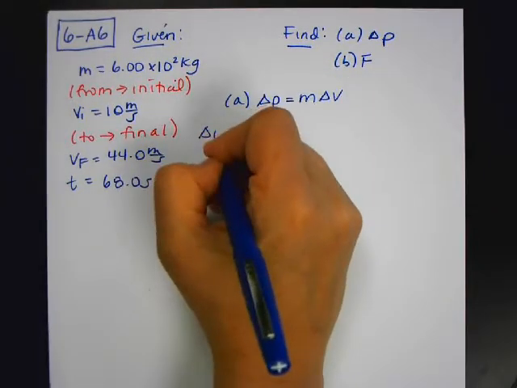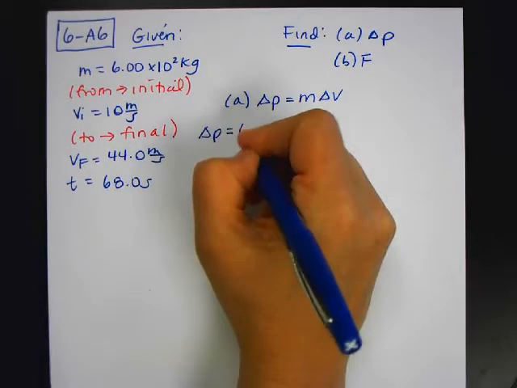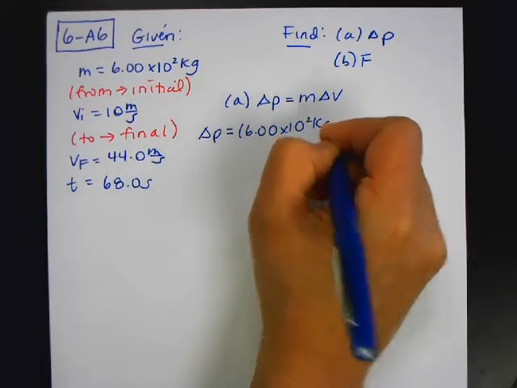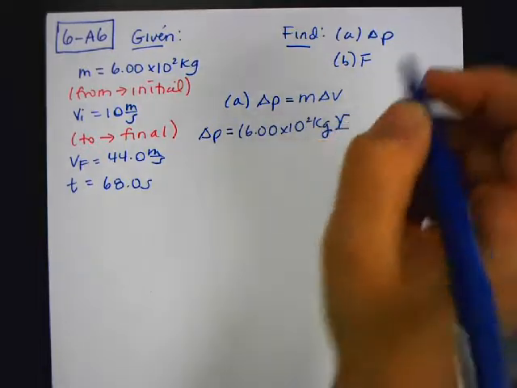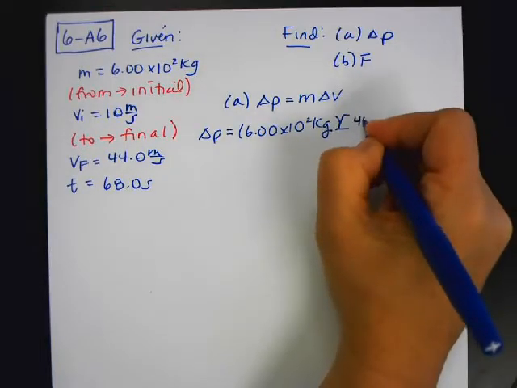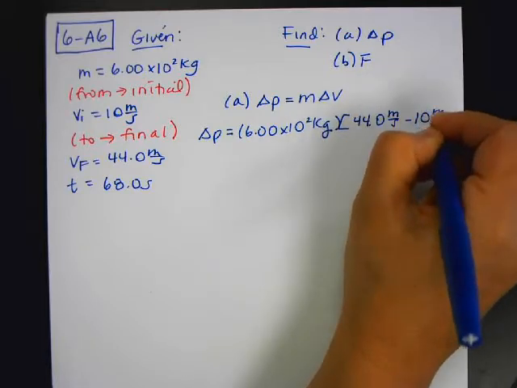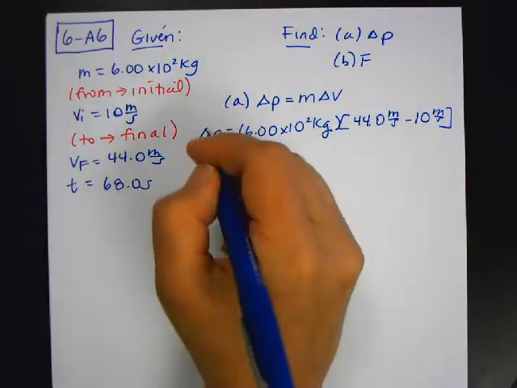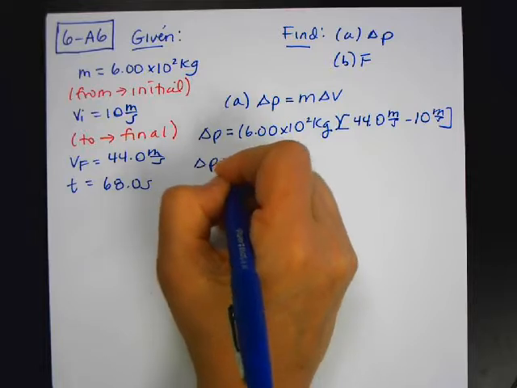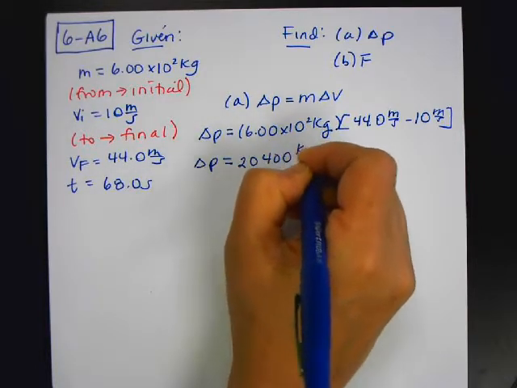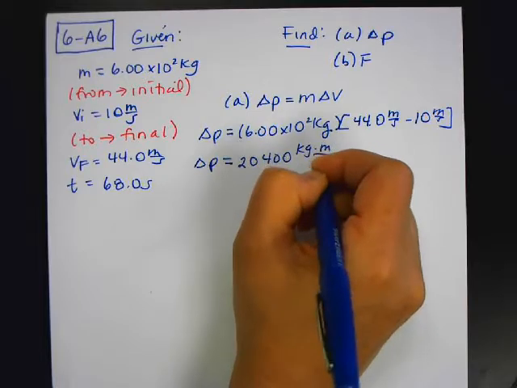So delta P is going to be the mass, 6.0 times 10 to the 2 kilograms, times the change in velocity, which is 44 meters per second minus 10 meters per second. So when I do it all on my calculator, delta P comes out to be 20400 kilogram meter per second.